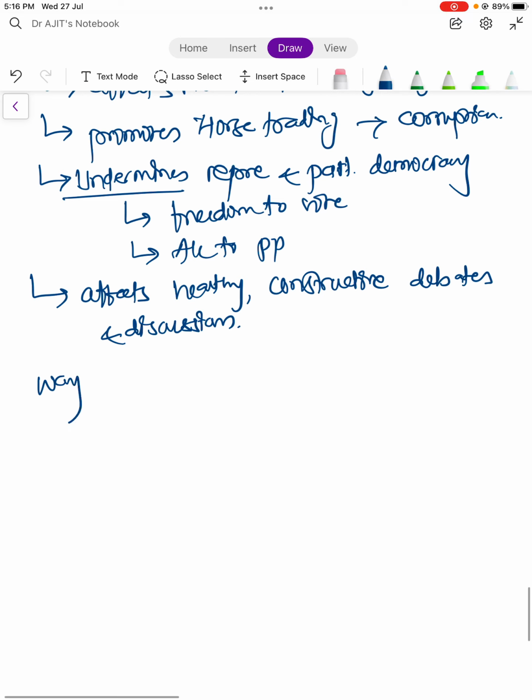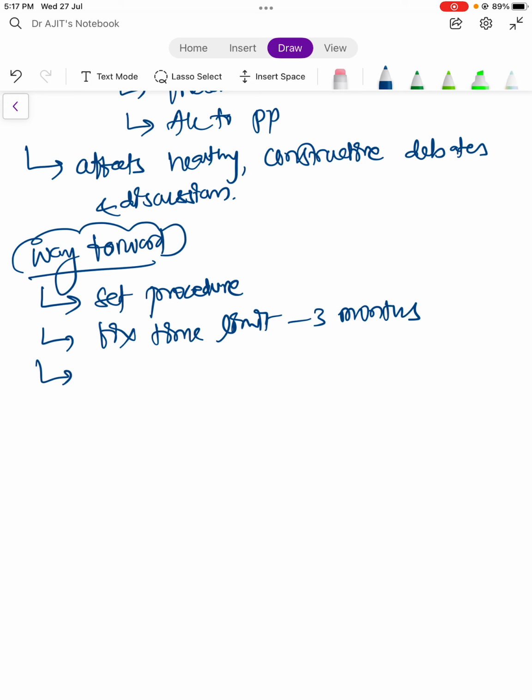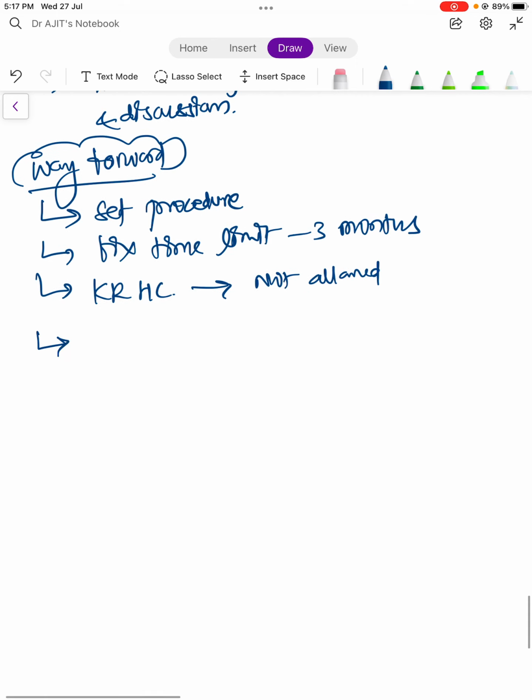Now we will see some of the ways forward. First, a set procedure, a fixed time limit, maybe 3 months, within which the speaker has to take a decision. Then you can follow the Karnataka High Court verdict, that they should not be allowed to recontest for the remainder period. Then some have recommended removing the 2/3 merger provision itself.